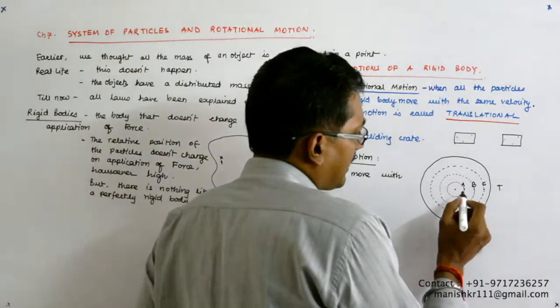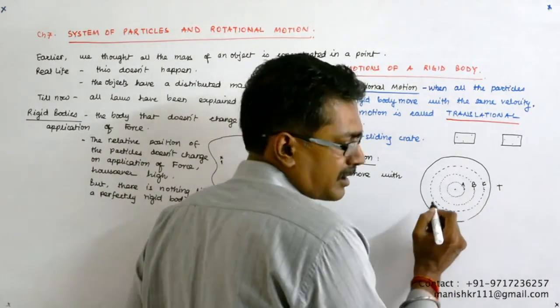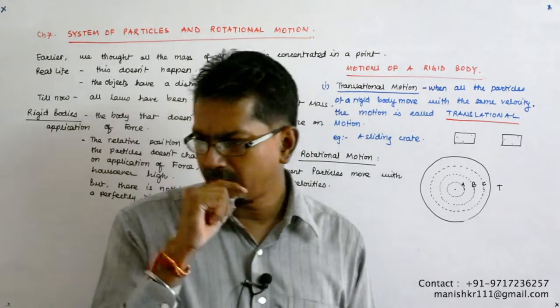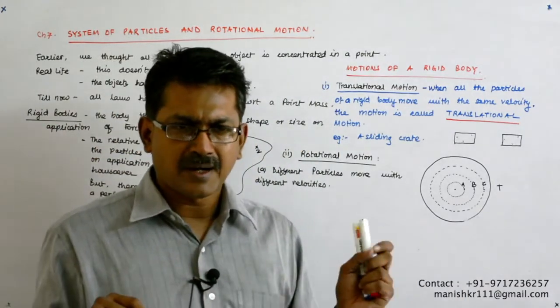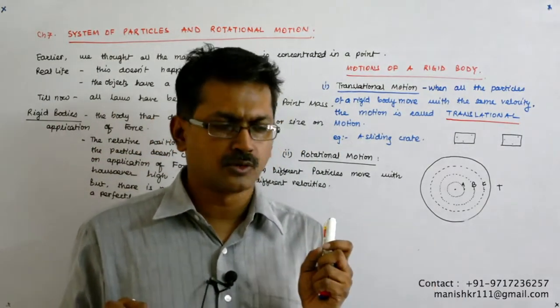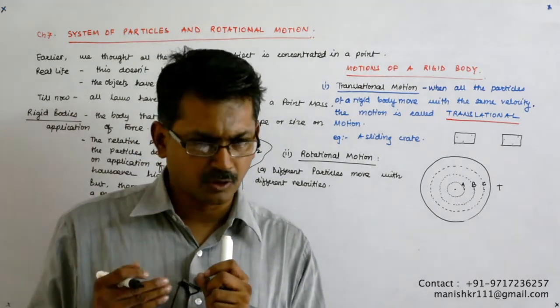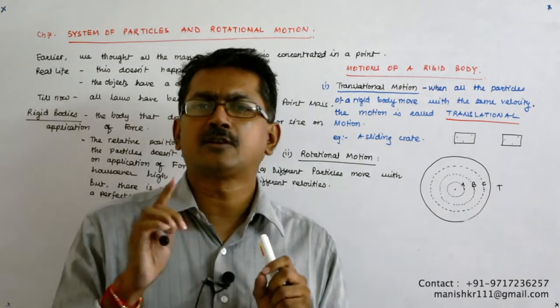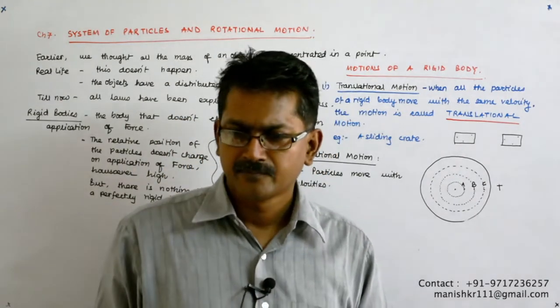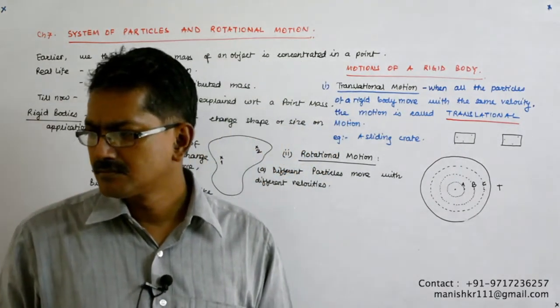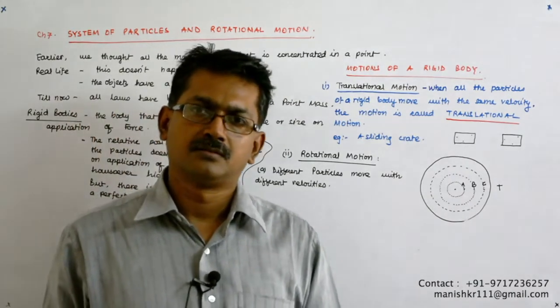Now, see, as I start coming closer to that point, what happens? The particles start moving slower and slower. Is it not? As I come closer to it. What happens when I go exactly on that? No speed.